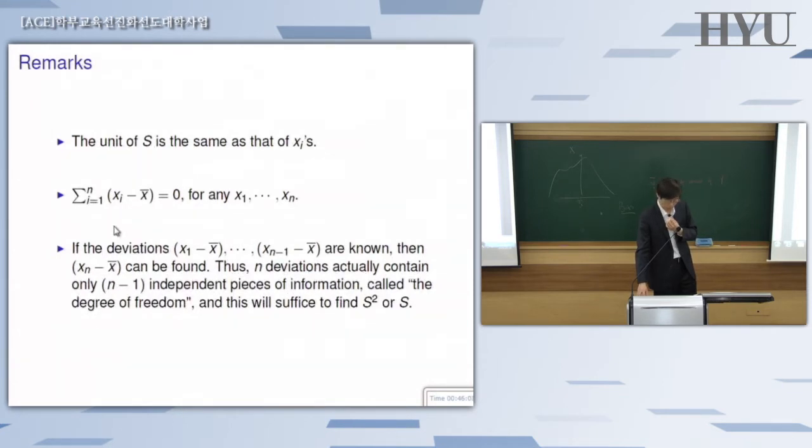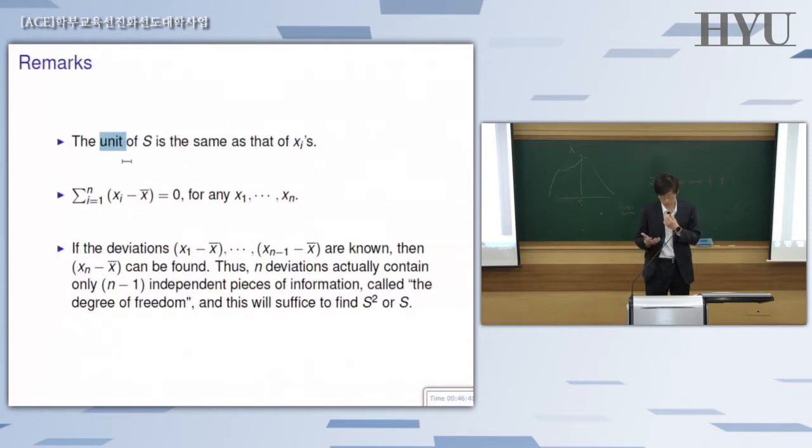A couple of important properties of standard deviation and variance. First one: the unit of the computed sample standard deviation happens to be the same as the unit of the original x. You know what a unit is? If you measure somebody's height, it's either centimeter or meter or feet or inch, depending on the metric. Or if you measure distance, sometimes the unit is kilometer, some other times it's mile.